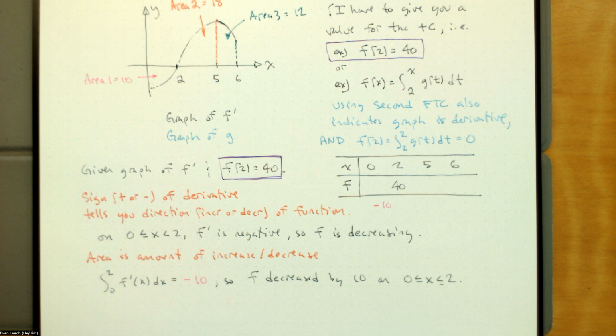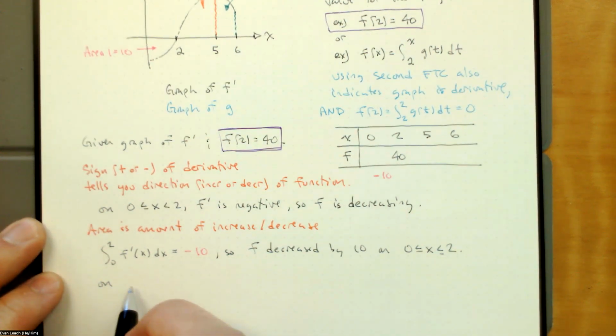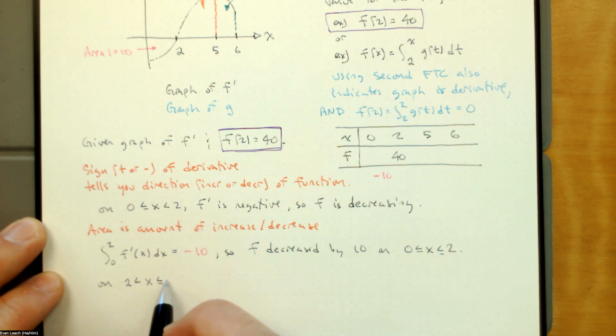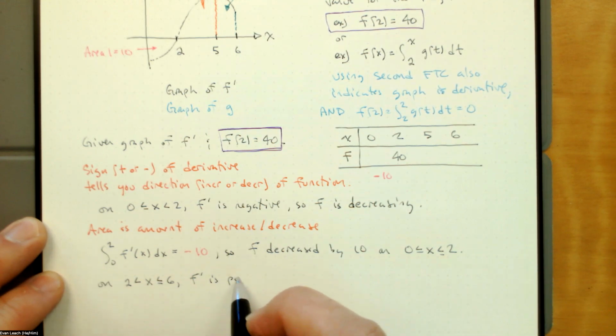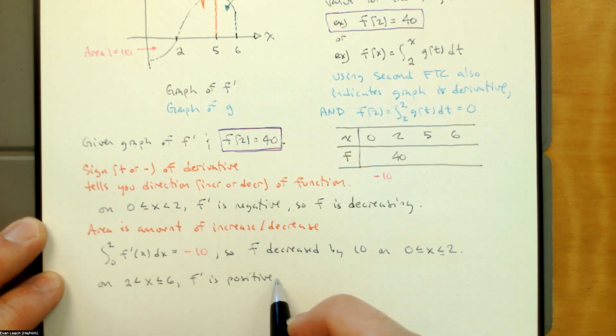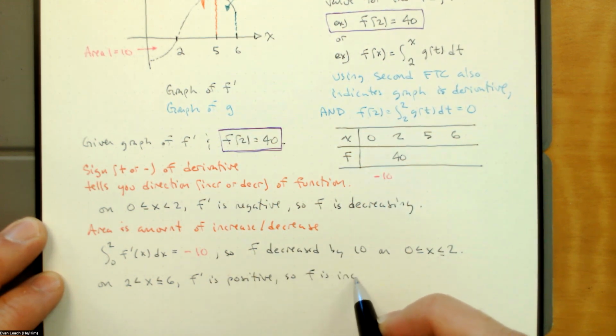On the interval from 2 to 6, we see that the derivative is positive, so our function is increasing. And we can see by how much. So on the interval from 2 to 6, the derivative is positive, so f is increasing.